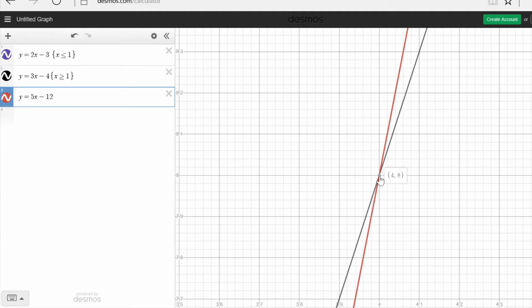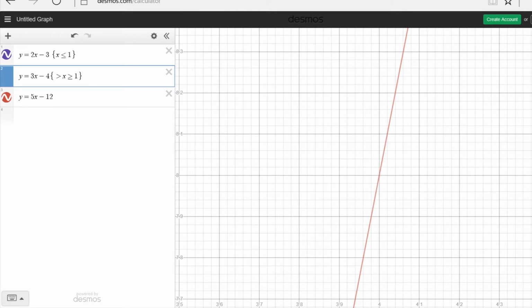The x value, of course, being 4. So what we know with this one is that while for our black line, the x had to be bigger than or equal to 1, we know here that it's going to stop at 4. Okay, so you notice how the black line has now stopped there?